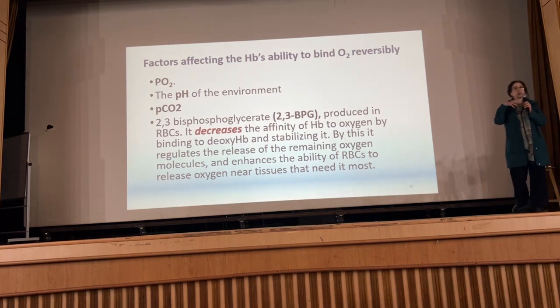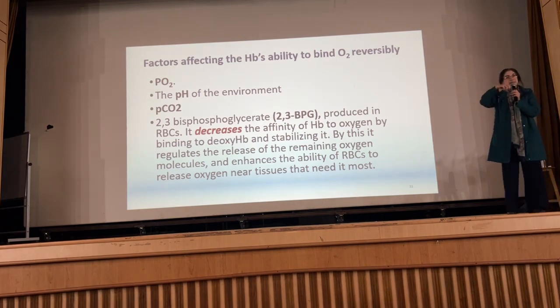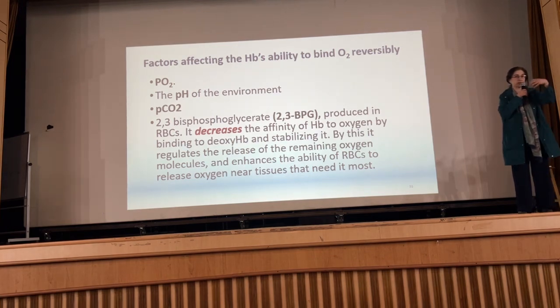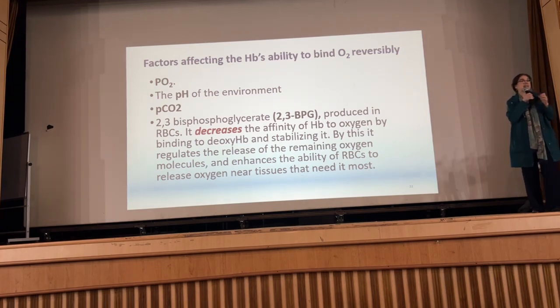So once hemoglobin gets to the tissues, the first subunit releases the oxygen, that induces BPG to bind hemoglobin in another part, not in the part of oxygen binding. It binds the globin itself, and by this it encourages it more to release the rest of the oxygen.